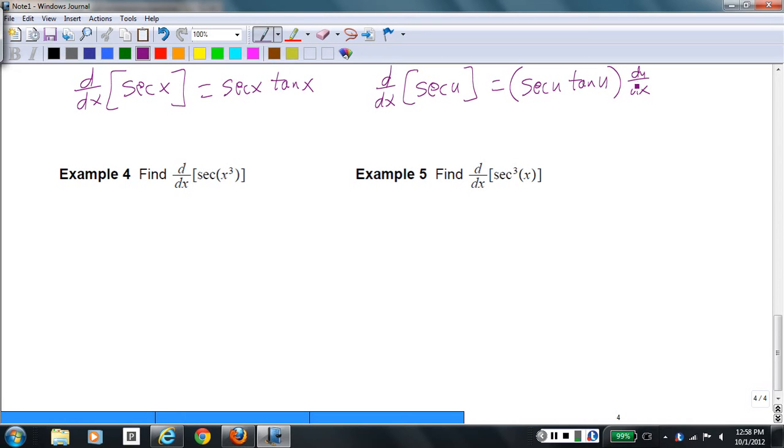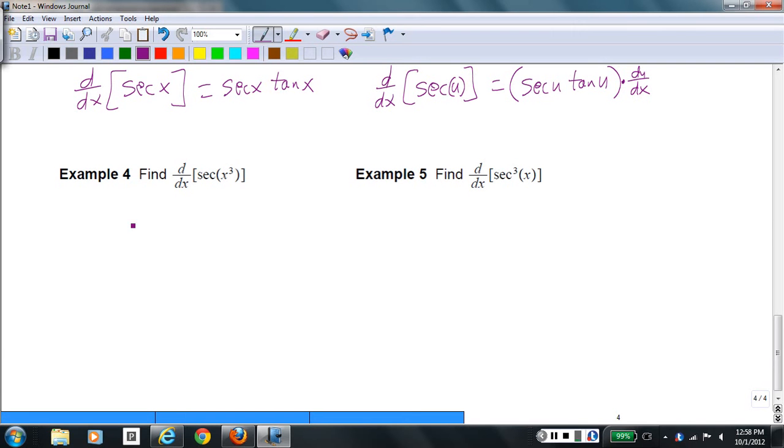I don't know if with or without the dot is the indication of multiplication. Chain rule says multiply by the derivative of what's inside the parentheses, and although the parentheses aren't all that prominent, there are implied parentheses around the u there. So we have to multiply by the derivative of u. So the derivative of the secant of something is secant of that something times tangent of that something times the derivative of that something. That's how we do that.